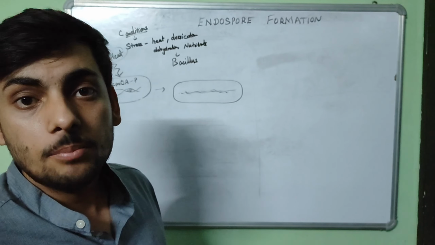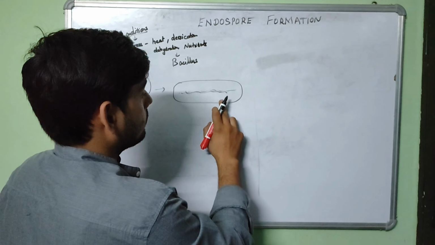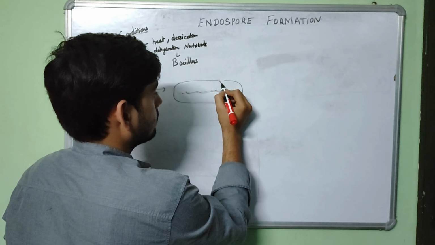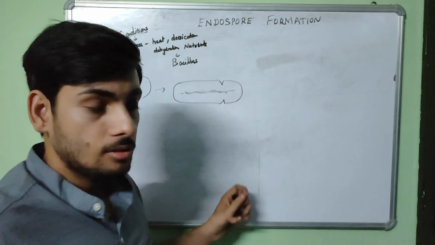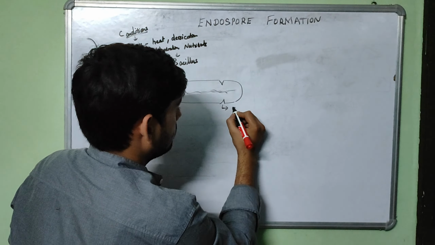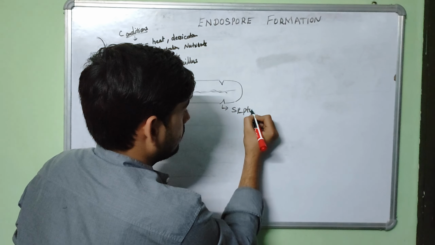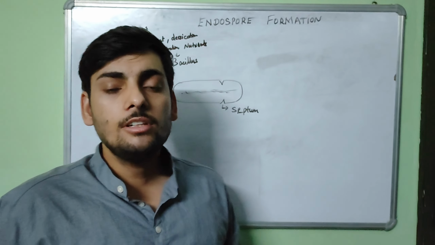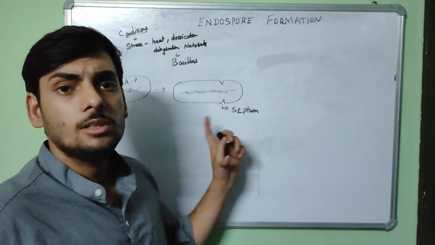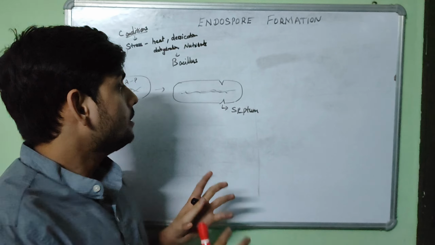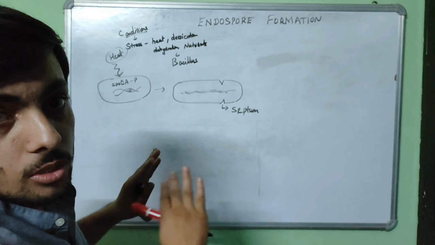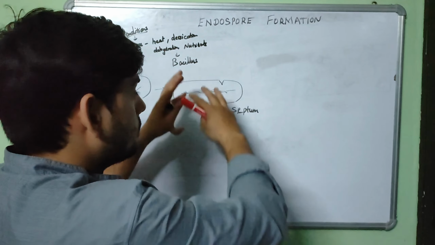It will create a particular septum here. As you can see, this septum is not symmetrical. It is an asymmetrical separation of the whole bacterial cell.